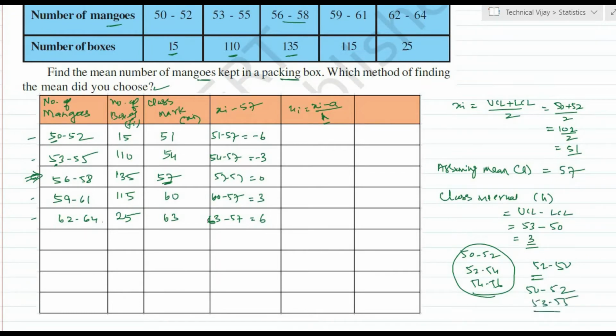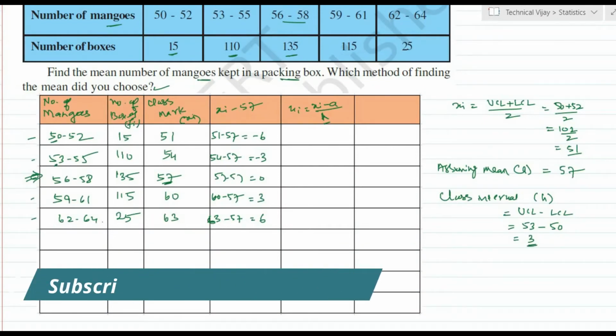So 52 to 53 is missing. So for that, 50 is the lower class limit, 53 is the upper class limit. In that way we have to take. So in this case, class interval we have to take as 53 minus 50. So that is equal to 3. Now, class interval h equals 3.